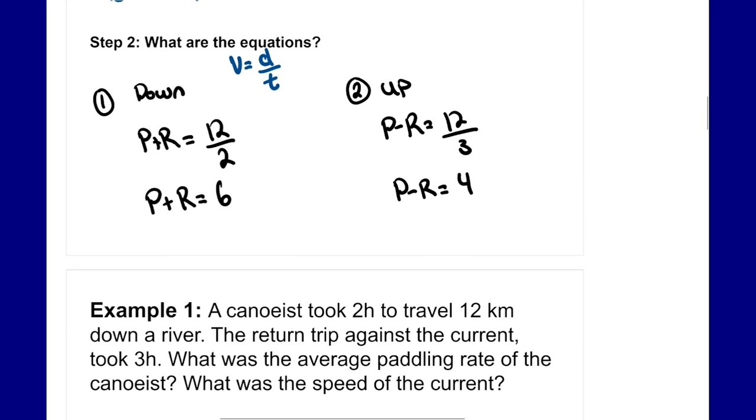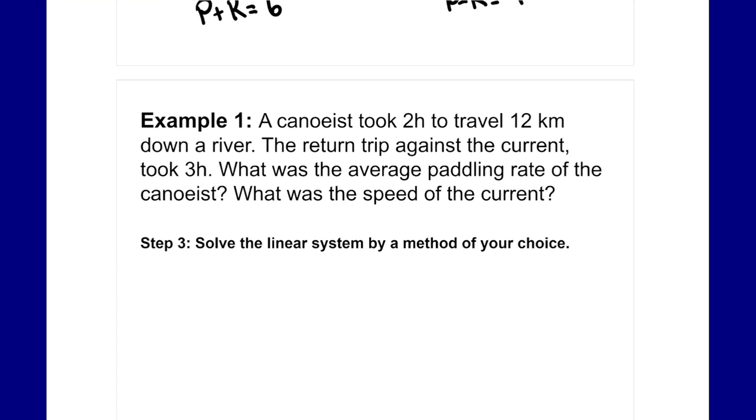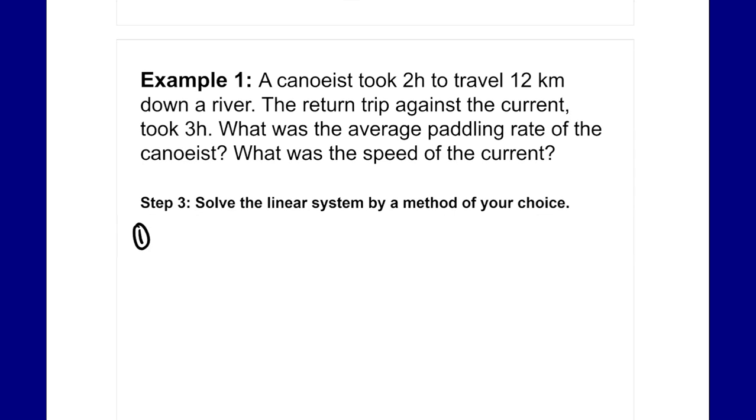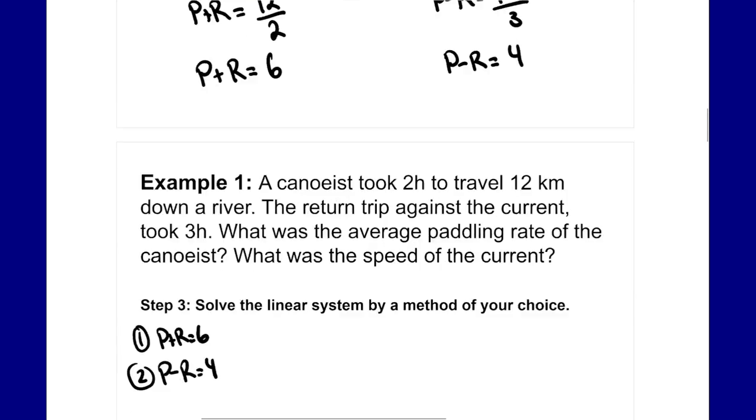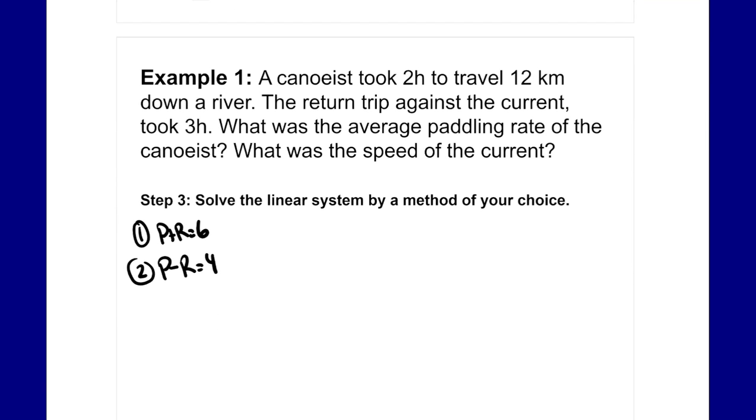With those two equations, now we need to solve this linear system, or system of equations. I'm going to rewrite them out: P minus R equals 4 and P plus R equals 6.